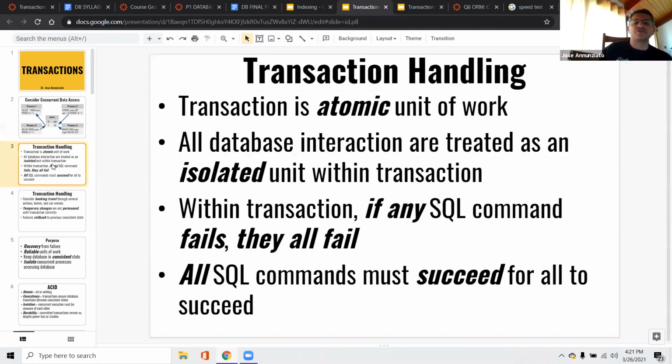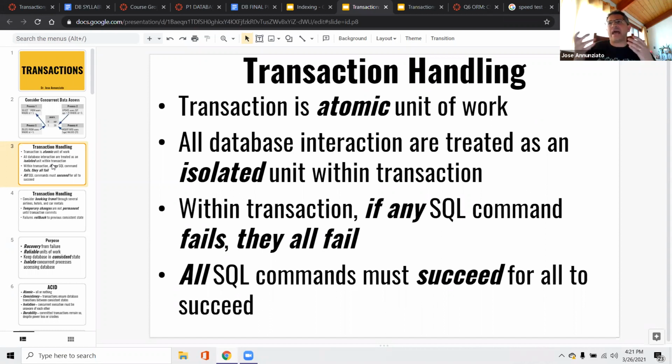Transactions are going to deal with this challenge by introducing what are called isolation levels. Yes, you have all these multi-threaded environments and multiple processes trying to interact with the database, but they should be able to behave as if they were the only ones interacting with the database.